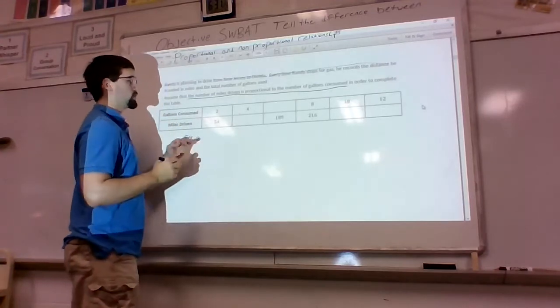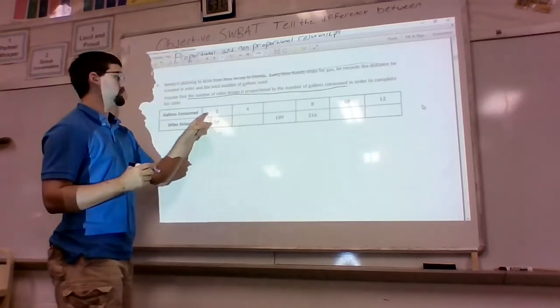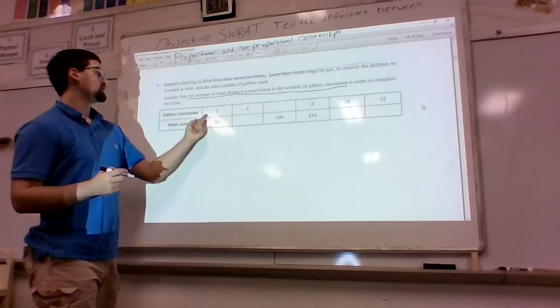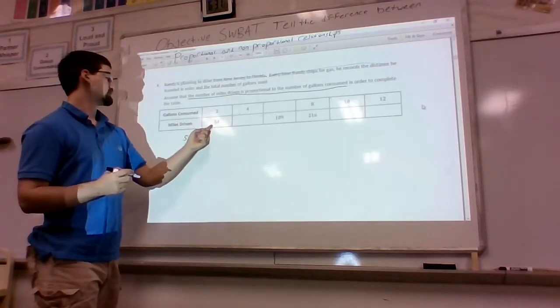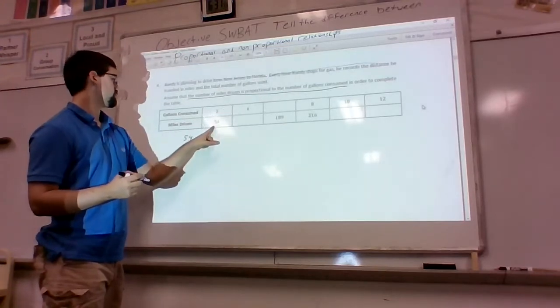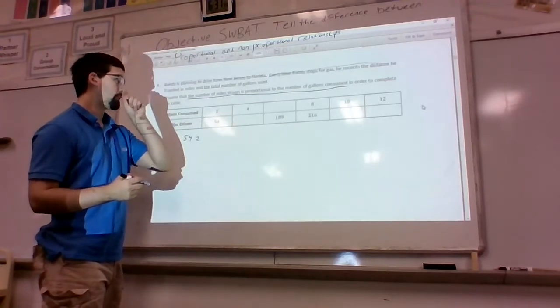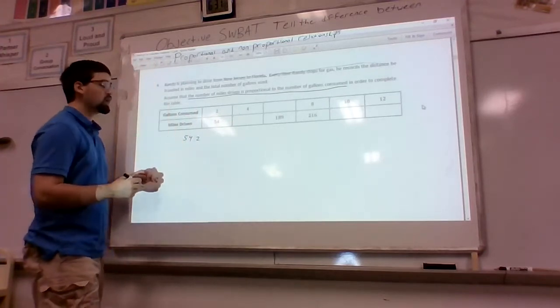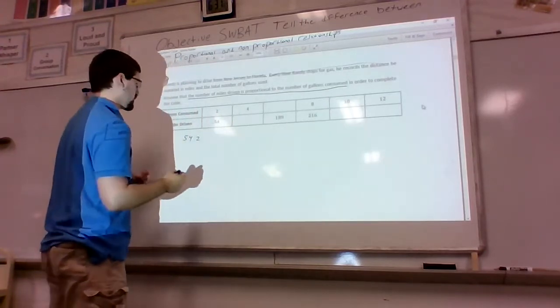Or we could do things a little differently: 2 gallons uses 54 miles, so I just have to double that, because if my number of gallons doubles, my number of miles doubles. You could do it that way, or we're going to find our unit rate.